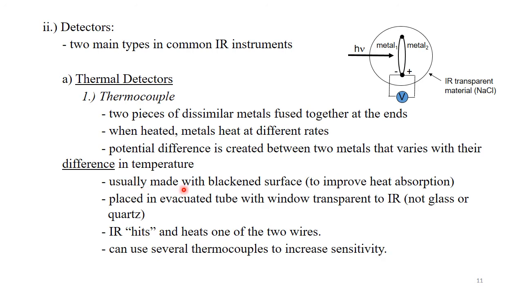It is usually made with a blackened surface to improve heat absorption, placed in an evacuated tube with a window transparent to IR, not glass or quartz. IR hits and heats one of the two wires. Several thermocouples can be used to increase sensitivity.